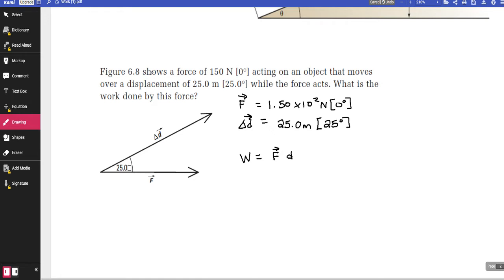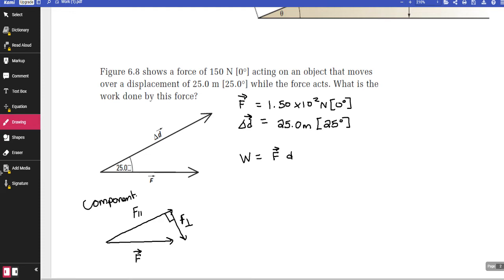But when I look at this, let's break this down. We have our F, this is our force. And then what I need is this force that's happening here, this displacement. And then I also have our F perpendicular, the one that's going to intersect with this at 90 degrees. So this is our component diagram, I should say.